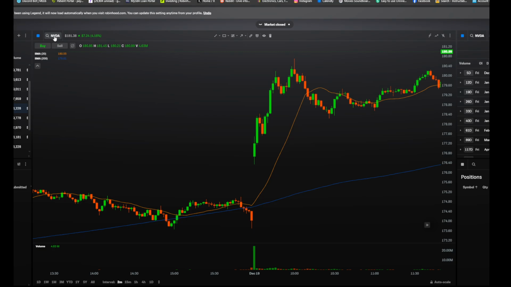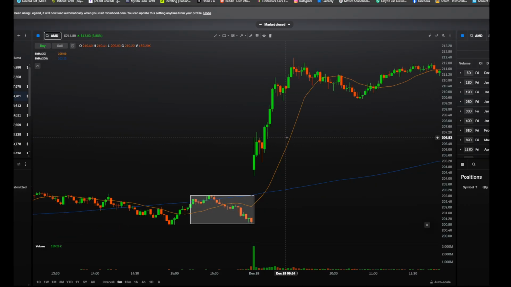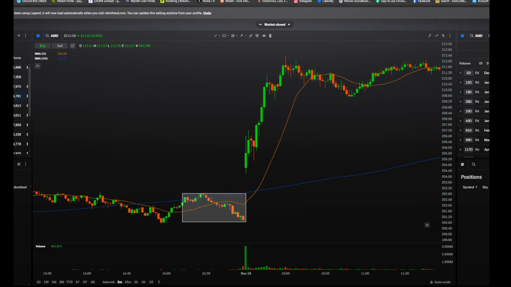versus the other ones that were in that position of short and then gave us a short entry but didn't work. And this one is in position of long and gave us a long entry but didn't work. Right? Same thing here. AMD, this was Friday. 1, 2, 3.